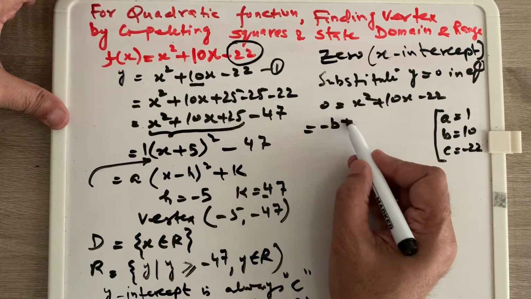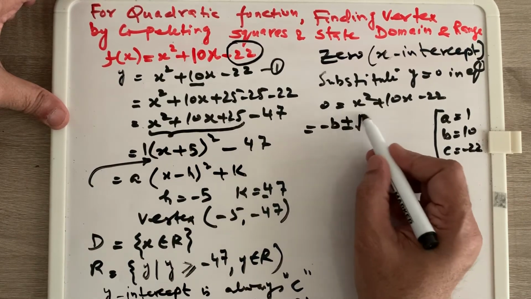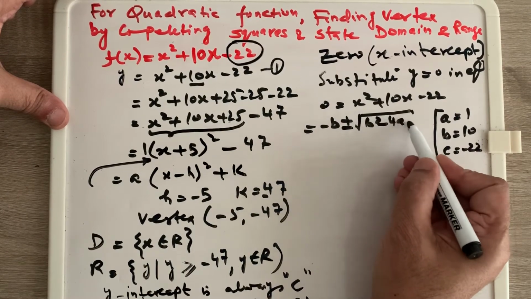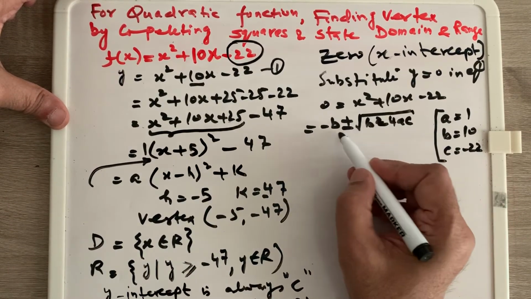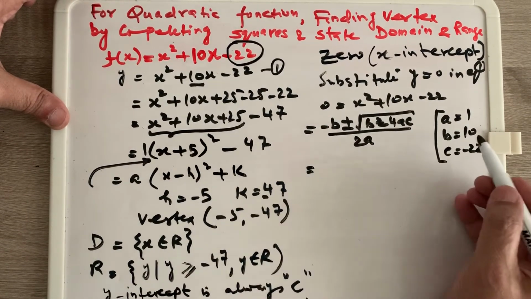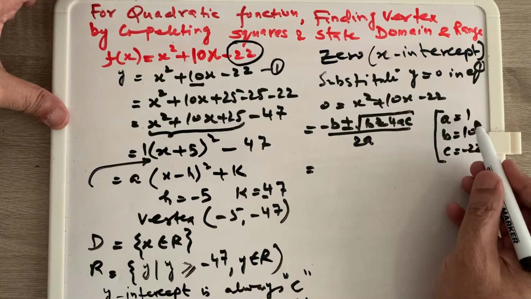And what is the formula for the quadratic solution? Minus b plus minus under the root b square minus 4ac, divided by 2a. This is my quadratic solution. I will plug in the values because I know my a, b, c.